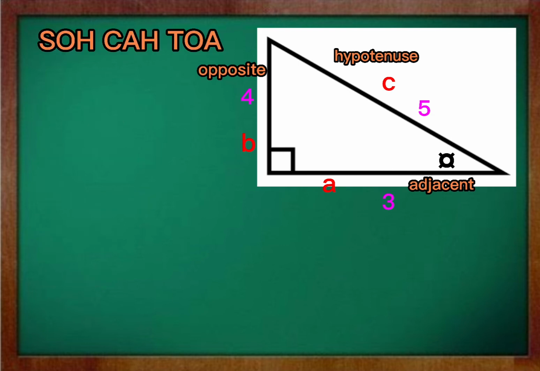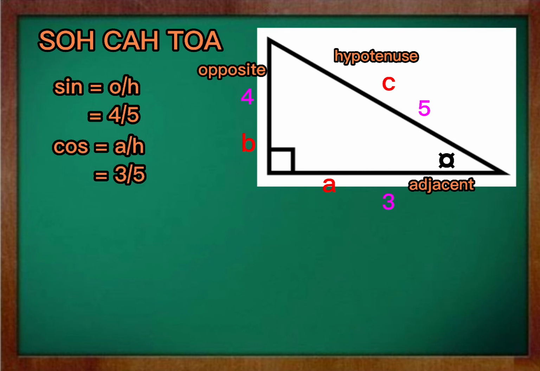Now let's solve for the six trigonometric ratios. First, the sine theta, the opposite over hypotenuse, so it's 4 over 5, since 4 is the opposite of theta, and the other side is adjacent. Next, the cosine, the adjacent over the hypotenuse, 3 over 5.